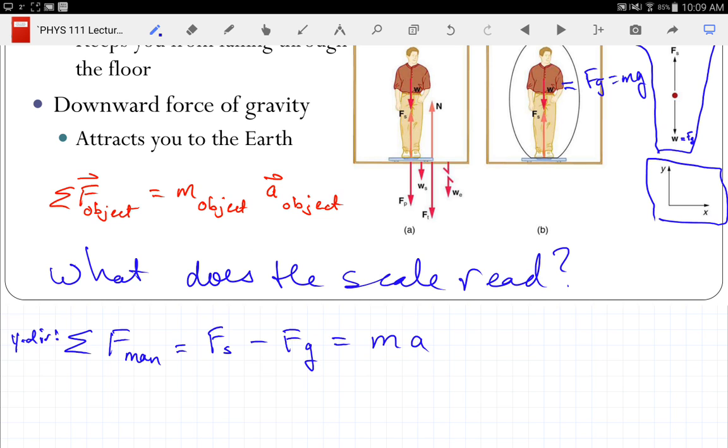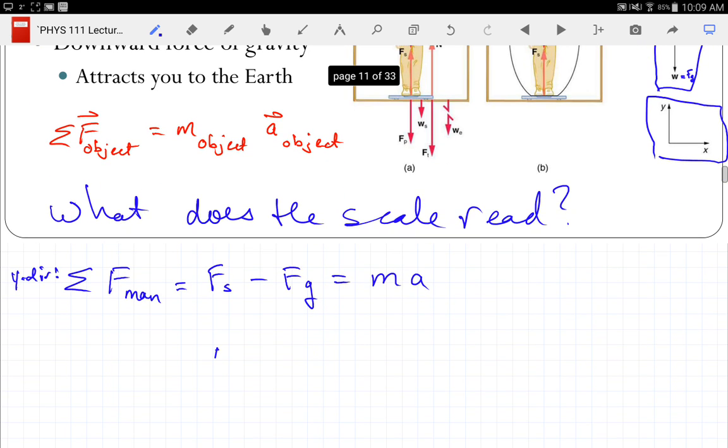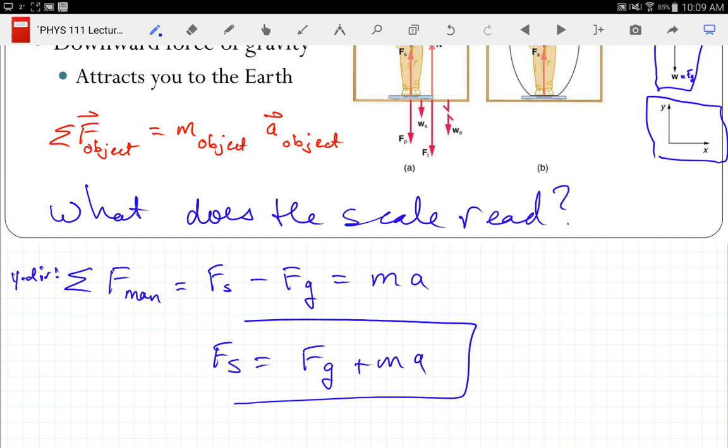Now this brings up something interesting. The force of the scale is equal to force of gravity plus mass times acceleration. If the elevator is accelerating upward, would that be a positive or a negative acceleration by the definition of y? It would be positive.